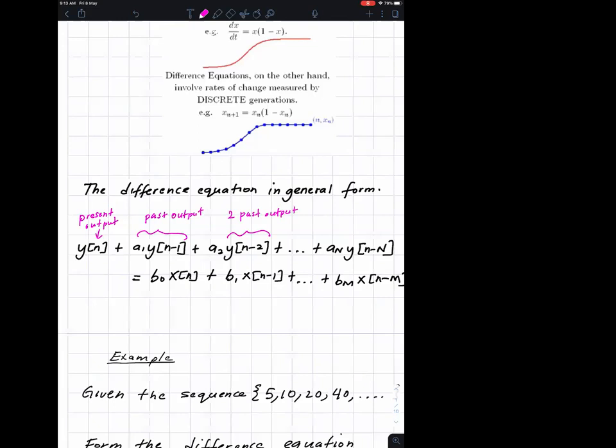And this is the input part of it. This is the current input, multiplied by some coefficient, and then this coefficient b1 multiplied by the past input.